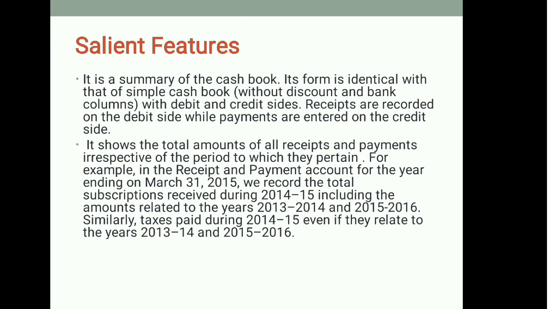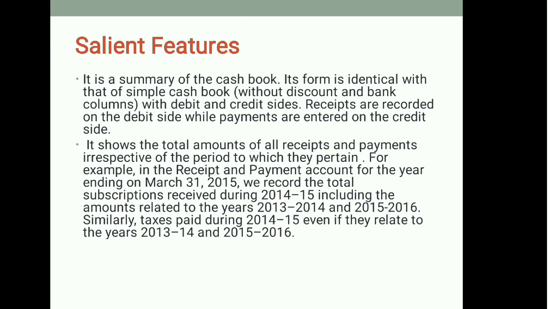You can understand that in the current year, any member may submit the subscription. Subscription is an annual charge that can be collected by the NPOs. So if any member is unable to submit his subscription of the current year, then definitely he will submit that subscription in the next year.